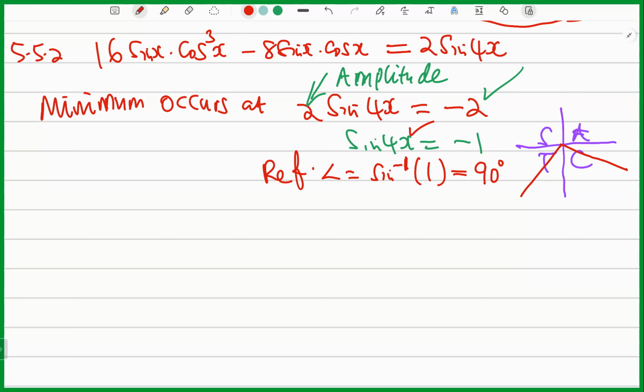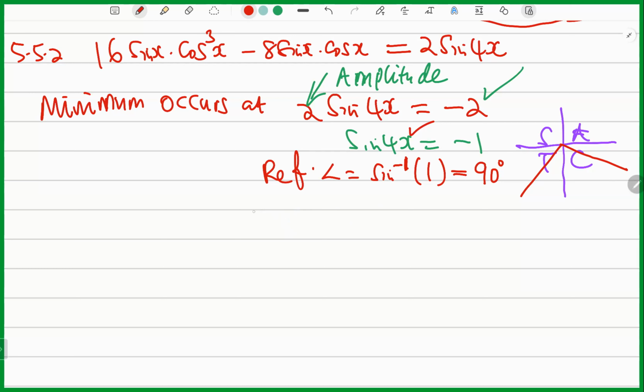Once you get the 90 degrees, you use it to get the rest of these. You'd have to use 180 degrees, and also 360 degrees.